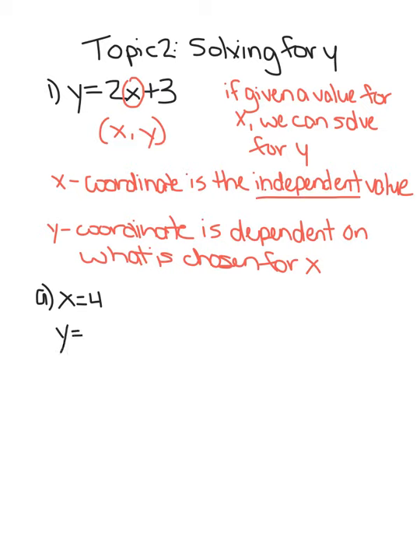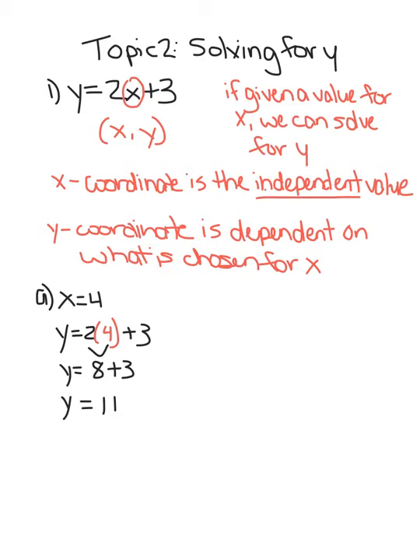So I have y equals 2 times 4, because instead of x, we're putting 4, plus 3. We're plugging in 4 for x and solving for y. Order of operations says we do the multiply first, so 2 times 4 is 8 plus 3, so we have y equals 8 plus 3, and then y equals 11.